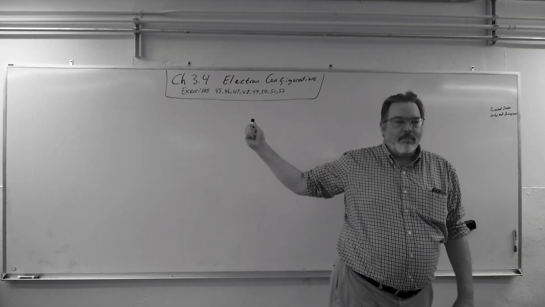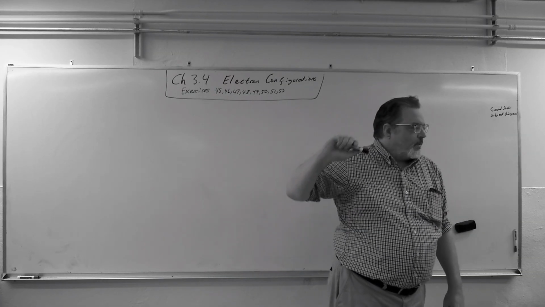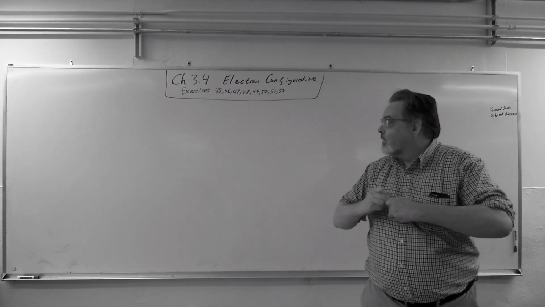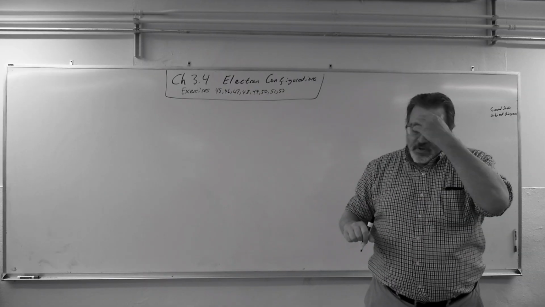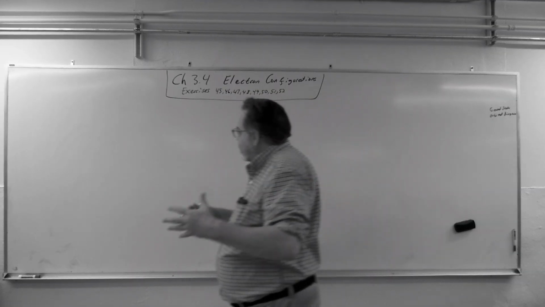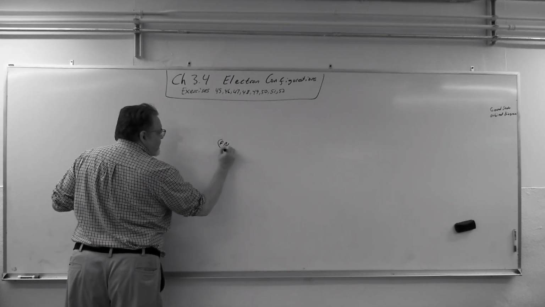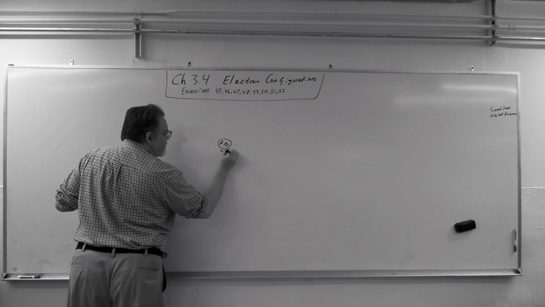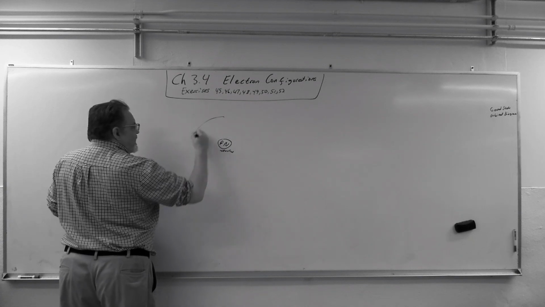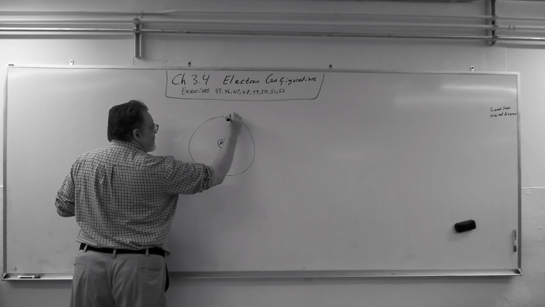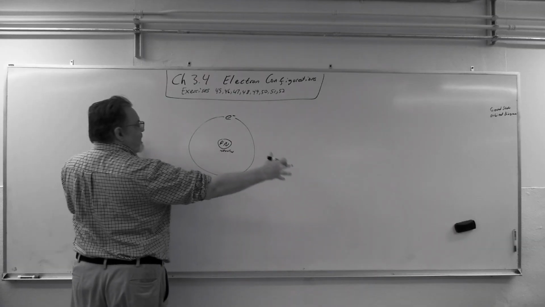This will be the next topic, and this is kind of going back to an earlier chapter. When it comes to atoms, the structure of an atom, you know there's protons and neutrons, and they're in the nucleus. And then around out here is where all the electrons are, just kind of in a cloud out here.